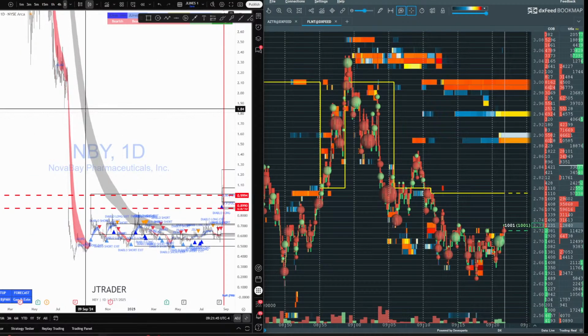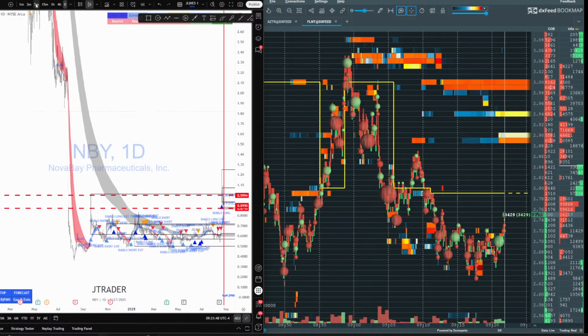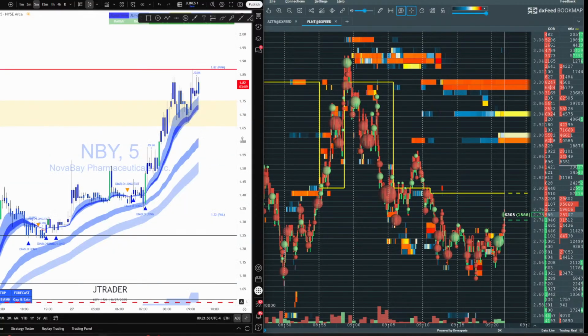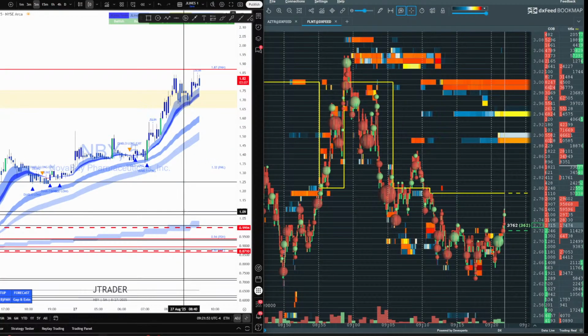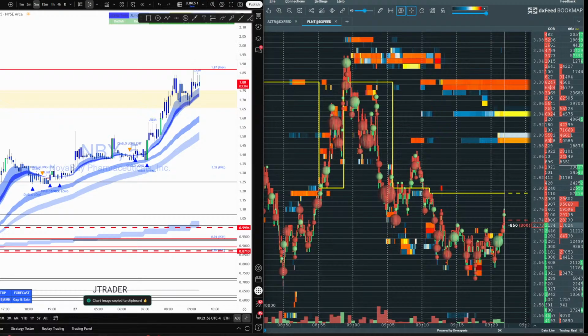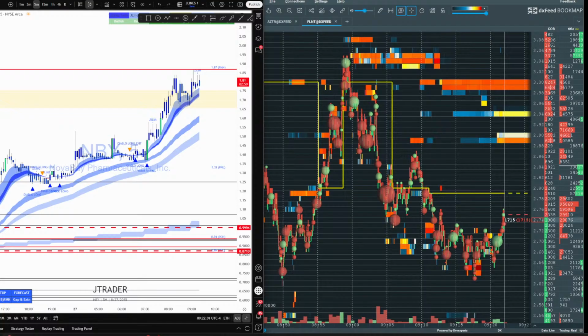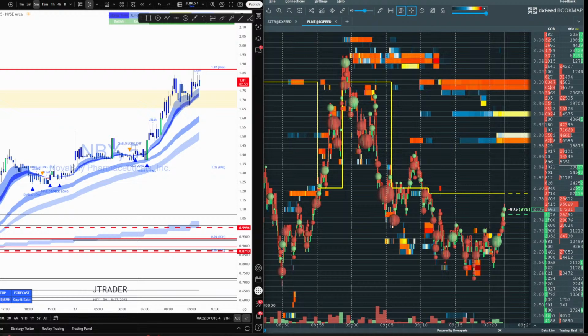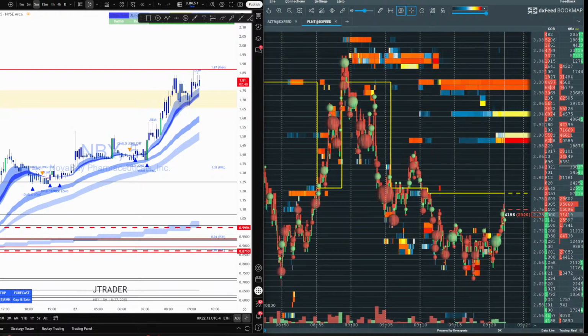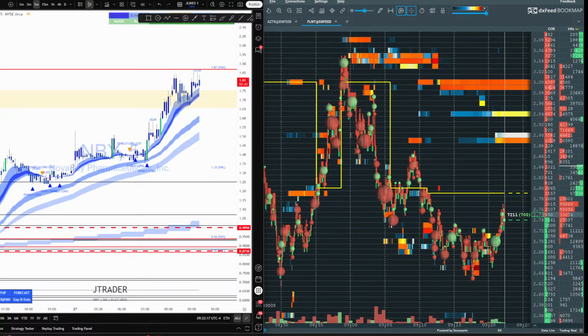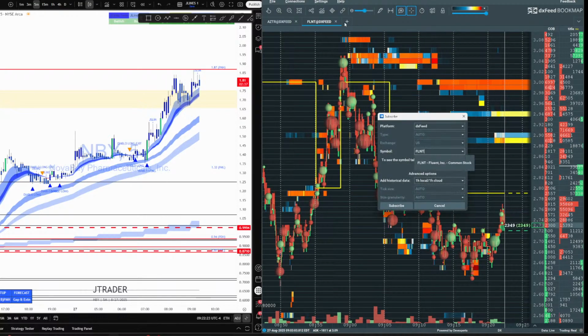NBY. Major daily breakout. We have a level over here, 185. NBY, long play from JLines on the open, 190, 195, and it failed off the pre-market high with sellers in control. So this could be another one that we can watch.